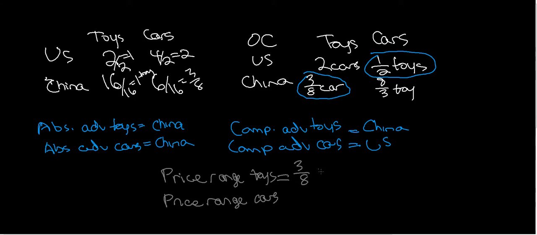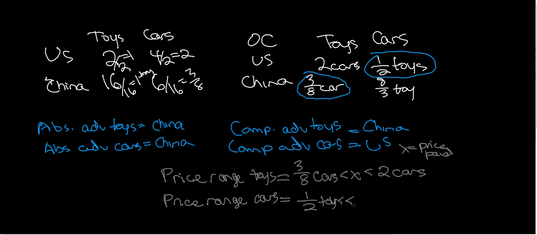So 3/8 cars is less than X, and let's say X is the price paid for the item, which has to be less than 2, which is the max. And then for the cars, it would be 1/2, which is the lower amount of toys, to the price paid, which has to be less than the upper amount, 8/3.